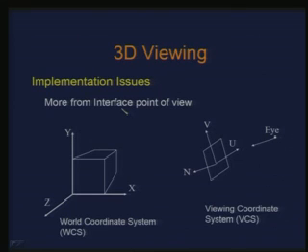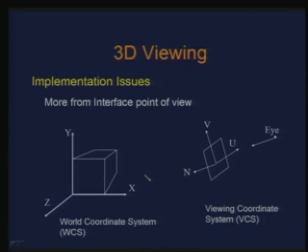By interface I basically mean how the user would like to specify the various inputs for getting the transformation of 3D viewing. That is what we are looking at, and that is what is going to make your second part of the assignment.